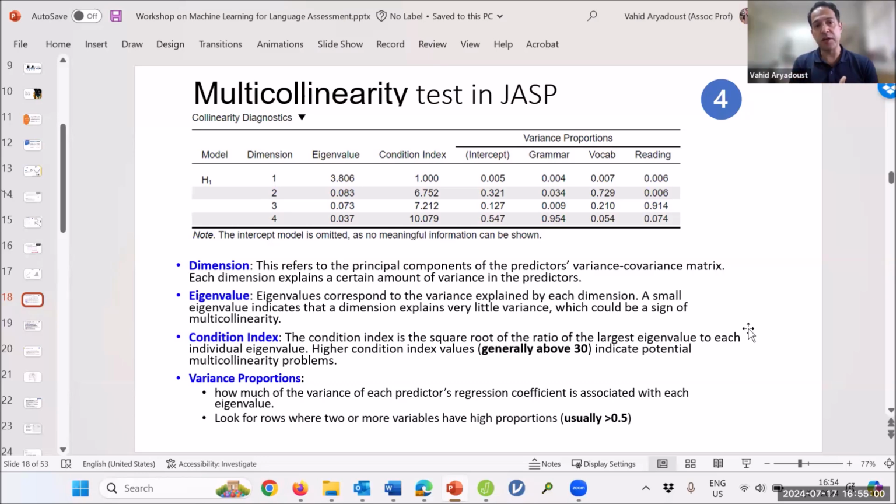Each dimension has eigenvalues, and based on that, you can also calculate the variance proportions in each of those dimensions, which is explained by your variables. Now, what should we really look at in this table? Not to confuse ourselves, I believe the most important thing that you can look at here is the variance proportion, this section.